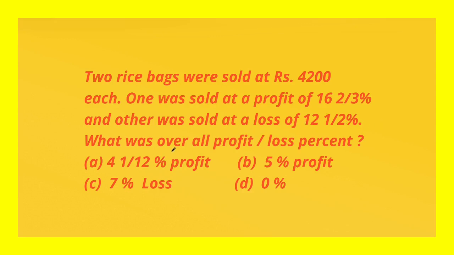What was overall profit or loss percent? The given options are option A, 4 and 1/12% profit, option B, 5% profit, option C, 7% loss, option D, 0%, that is no profit and no loss.